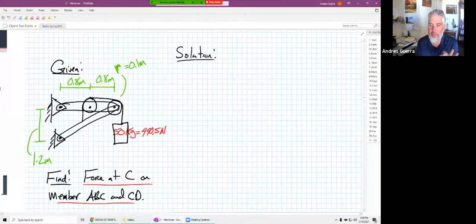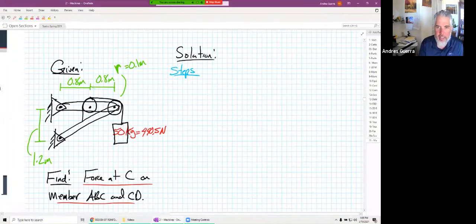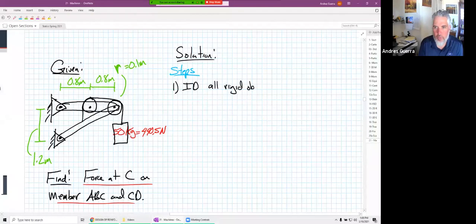Well, remember what we talked about for frames. We have our steps here for our frames. And step 1, I'm going to simplify this down a little bit. We talked about a few more steps last time, but one is to ID all the rigid objects and their type.